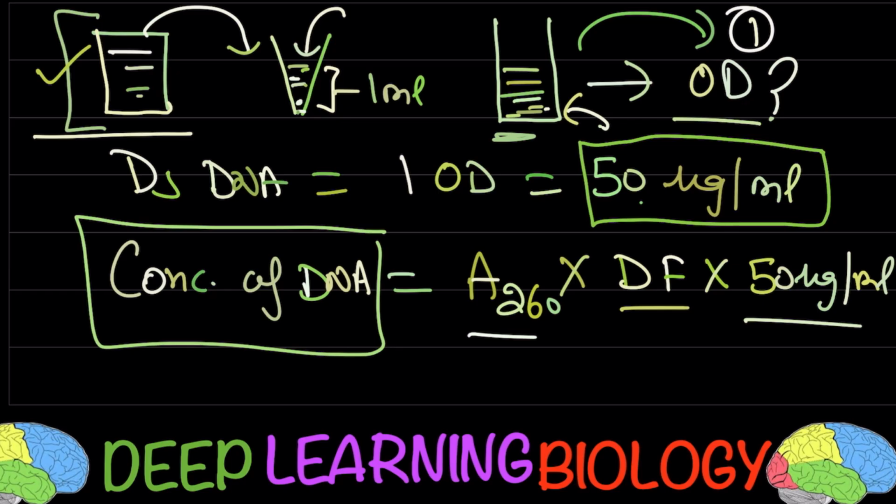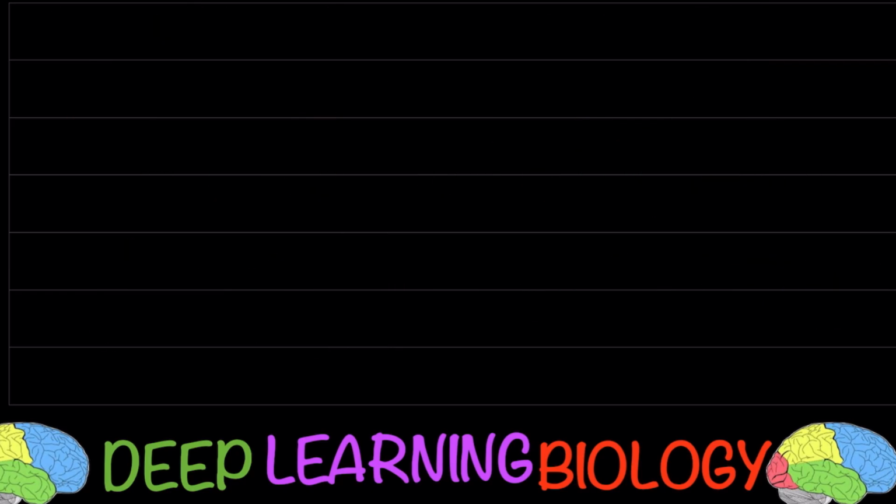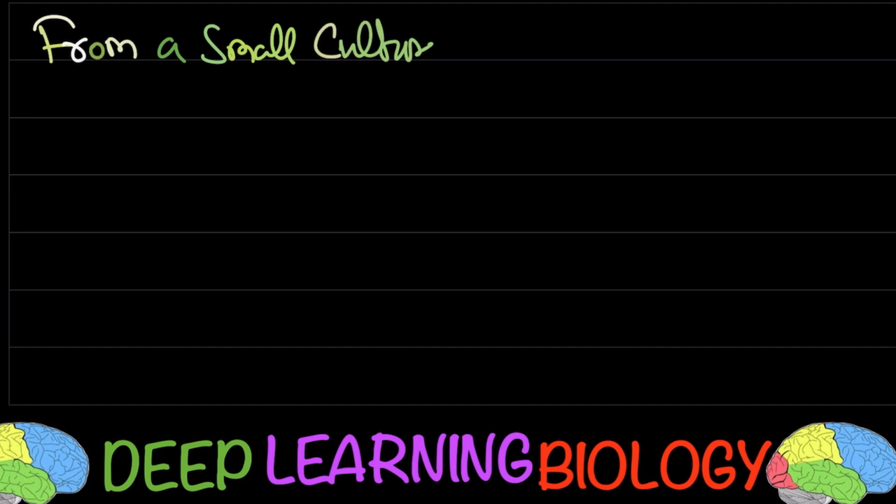Now let us solve some of the numerical problems. Everything will be clear to you. Now write down the numerical problem. From a small culture, you purified DNA.